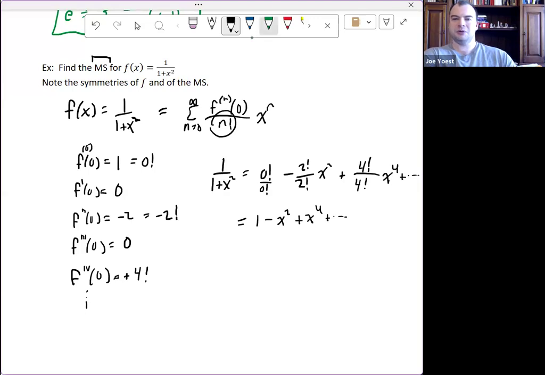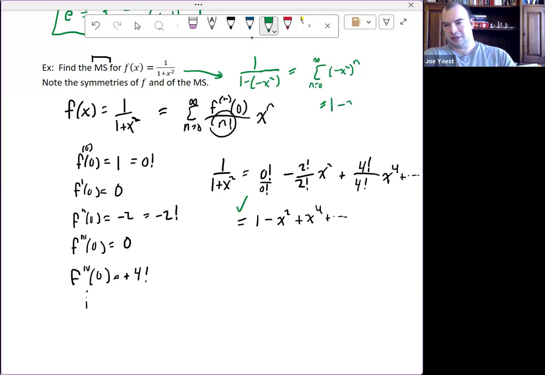I see two things here. Number one, had I used the 1 over 1 minus negative x squared trick, written this as a geometric series, I would have gotten exactly the same thing. When n equals 0, I get negative x squared to the 0 power as just 1.